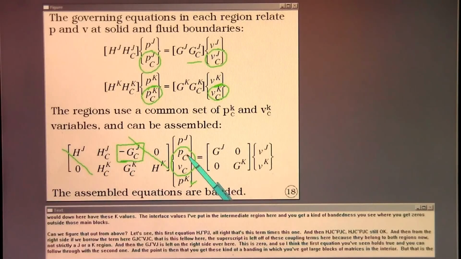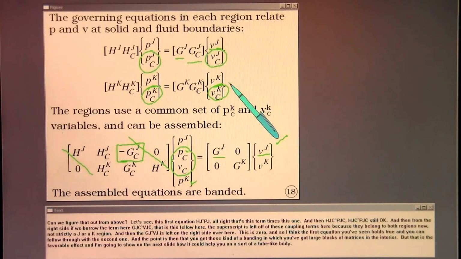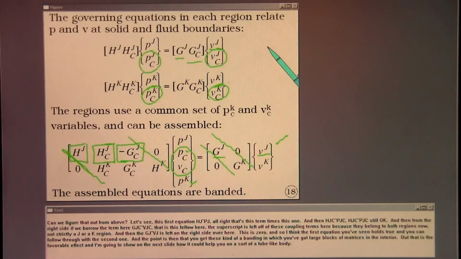The superscript is left off of these coupling terms here because they belong to both regions now, not strictly a J or a K region. And then the GJ, VJ is left on the right side over here with the 0. And so I think the first equation you've seen holds true, and you can follow through with the second one. And the point is that you get this kind of banding in which you've got large blocks of matrices in the interior. But that is a favorable effect, and I'm going to show on the next slide how it could help you on a sort of a tube-like body.